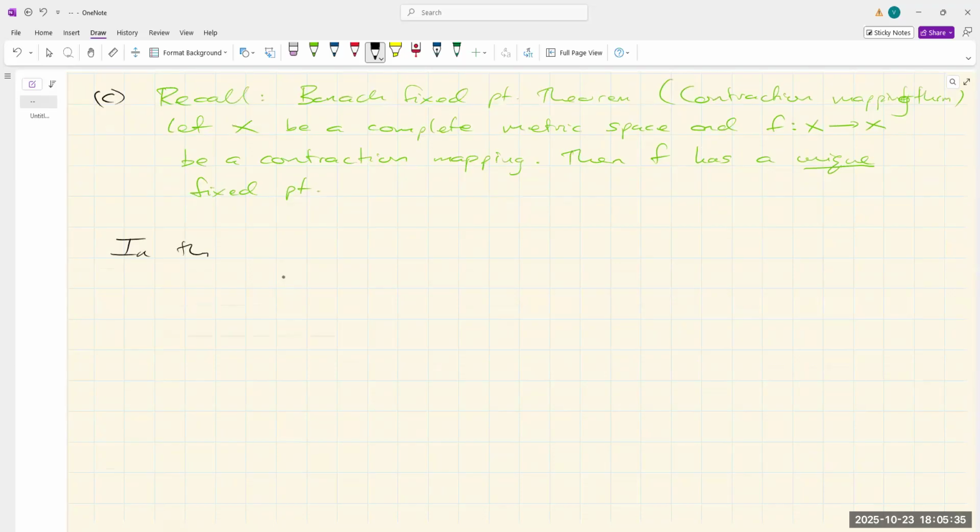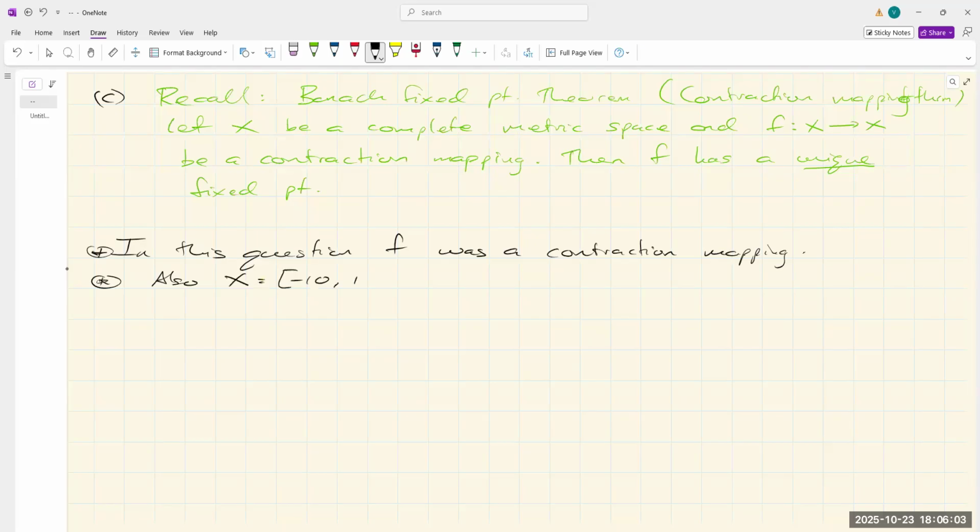In this question, f was a contraction mapping. Also, X, which was defined to be the closed bounded interval minus 10 to 10, which is a subset of R, is a complete metric space.